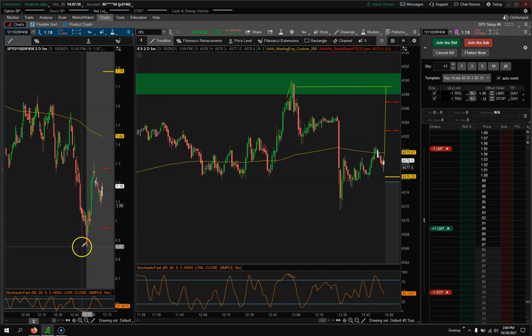So we know, okay, cool, we're getting long here. This is probably our stop loss right here. As price comes, the options come down, we want to see something like this. Here's our entry, here's our stop loss, and then our target, which would be 105, would be right around here.